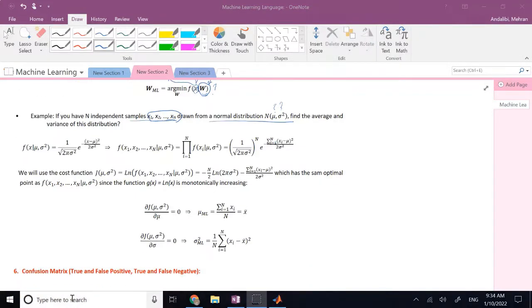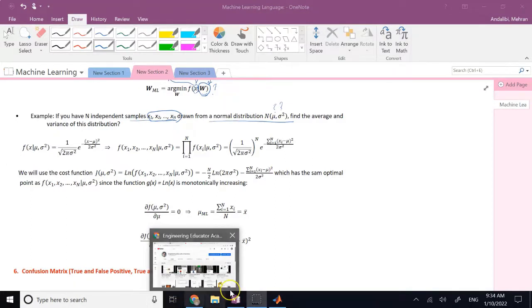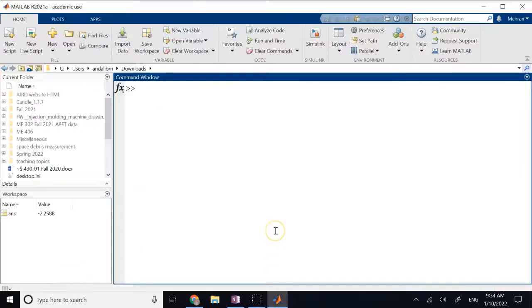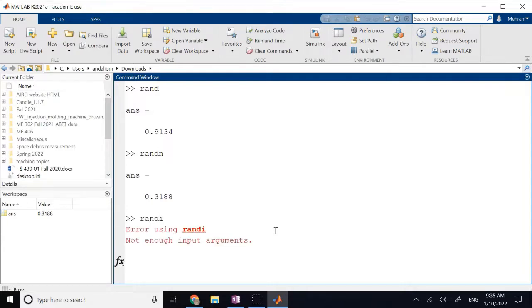To clarify it better for you, I use a MATLAB example. In MATLAB there are several commands that can generate random numbers. One of them is rand, one of them is randn. There is randi. Of course, you have to pass inputs to it. You cannot just say randi.